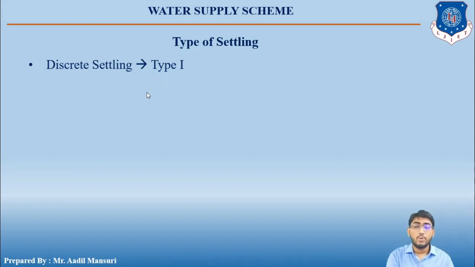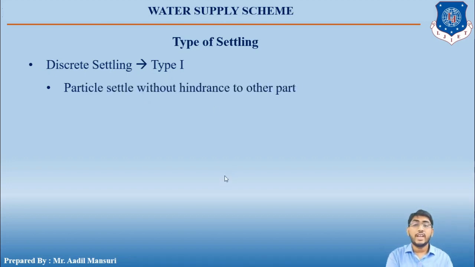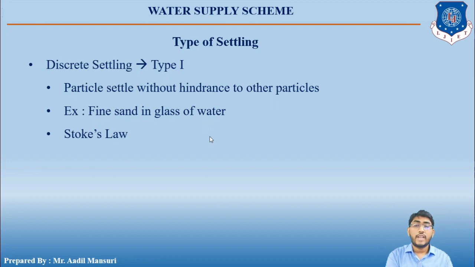These particles settle without hindrance to other particles. For example, fine sand in a glass of water. When you put some sand in a glass of water, it will show type 1 settling. Type 1 settling obeys Stokes' law.